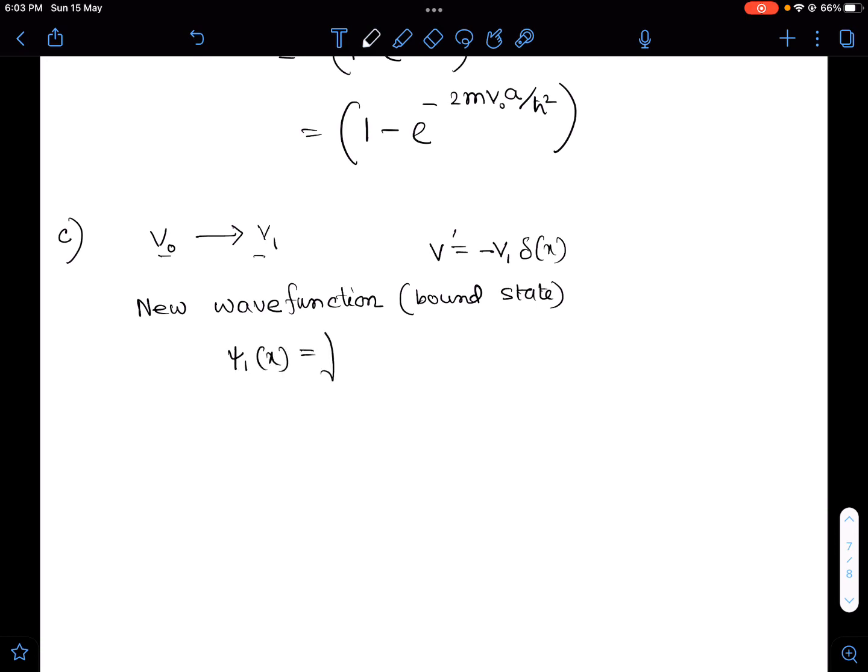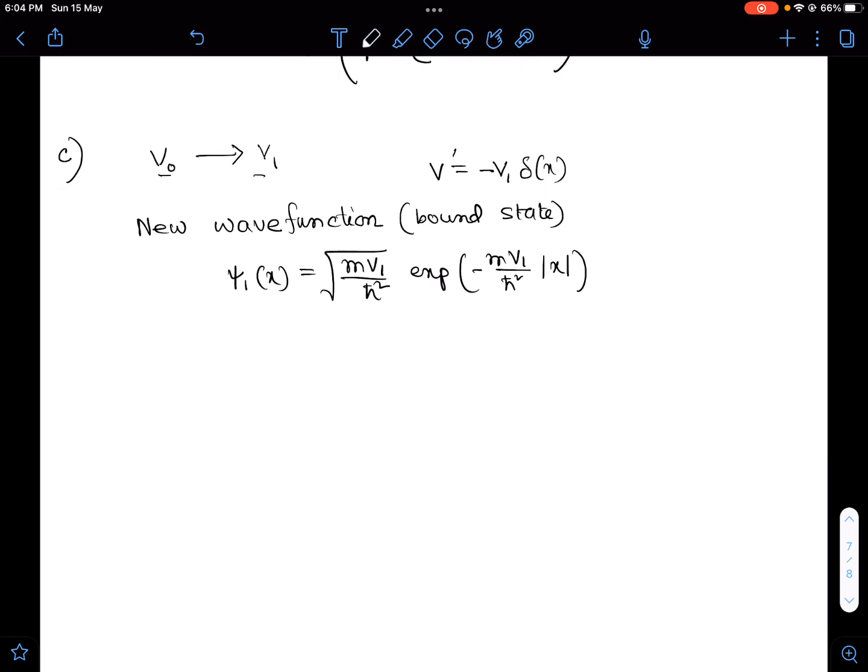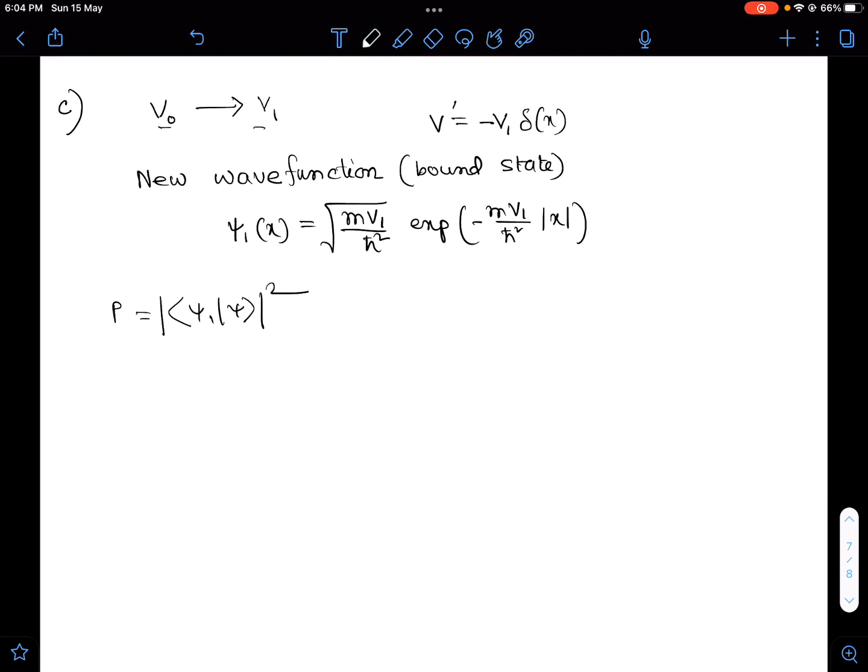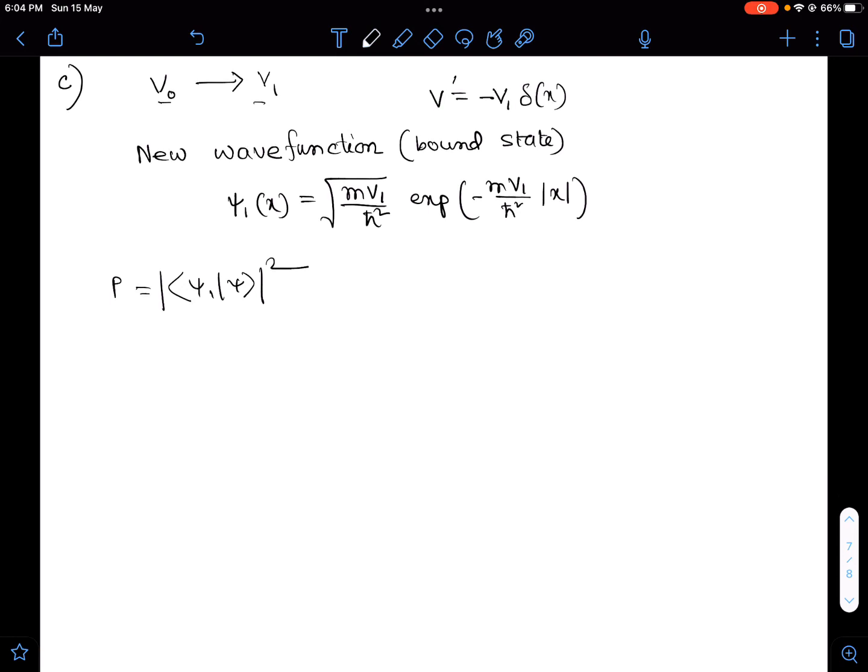It will be root of m V1 by h cut square, times exponential of minus m V1 by h cut square mod x. So what will be the probability? The probability is the mod value of the overlap of psi 1 with psi, squared. So let us do this integration.